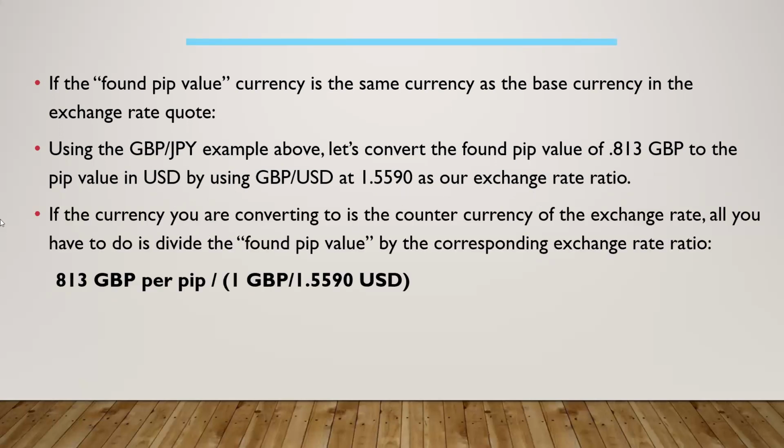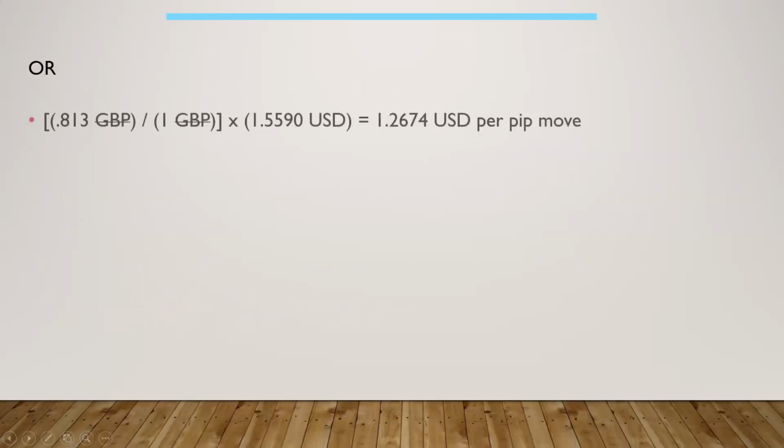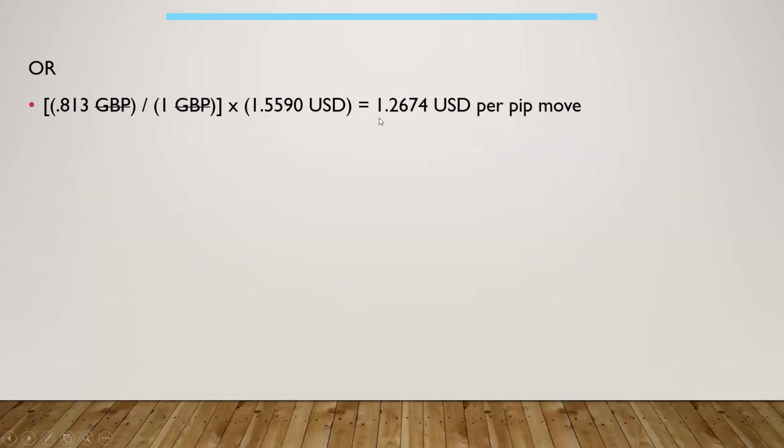So 0.813 GBP per pip divided by 1 GBP divided by 1.5590 USD. What would it give us? It will give us 1.2674 USD per pip move.